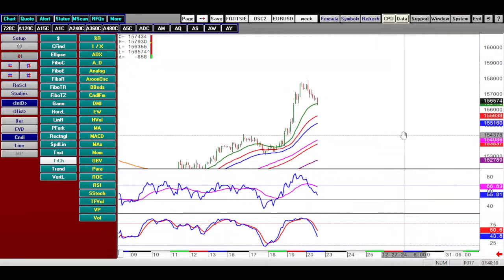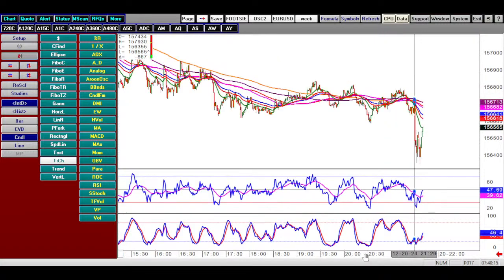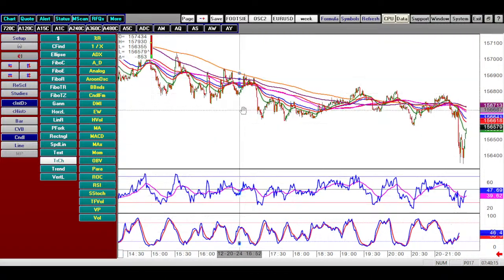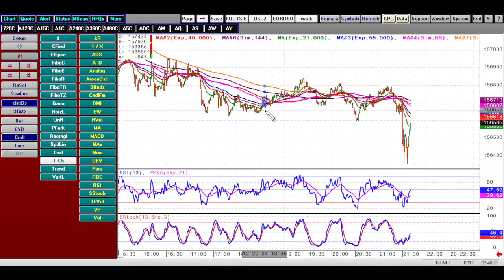So the only thing is, if it's a false break, then we get stopped out, then I think it's fine, because we have taken an attempt, and if we don't get it, we'll just come back and try to get back on track.